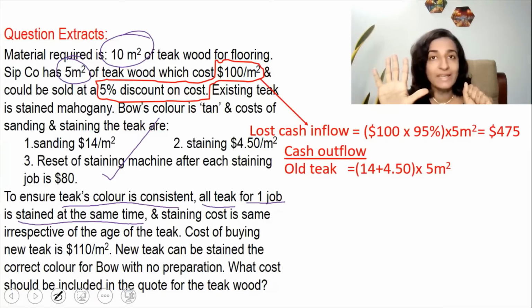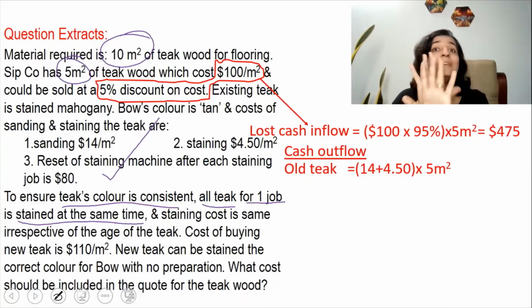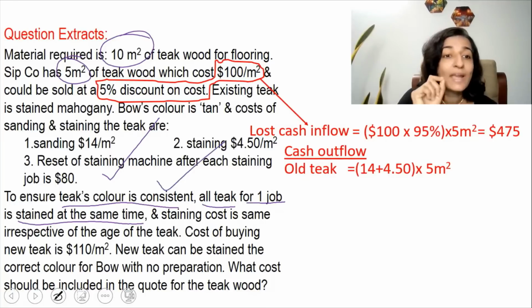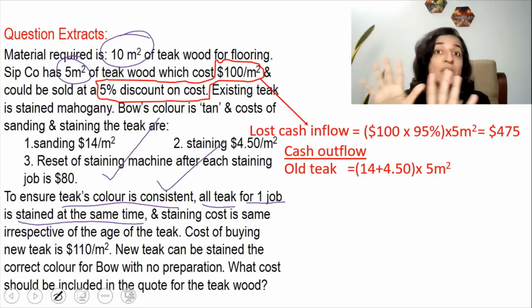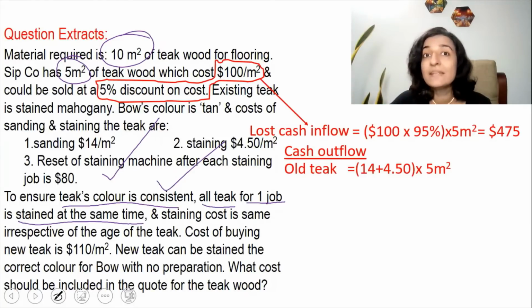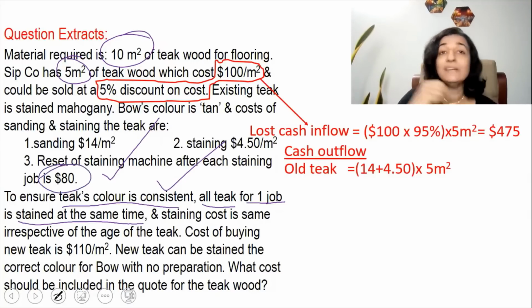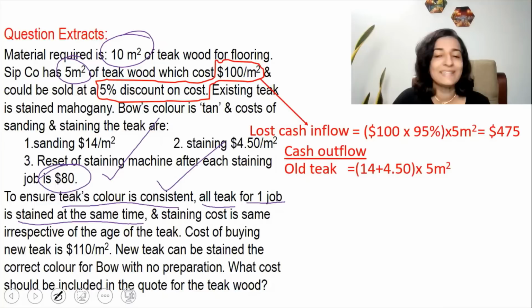So the old teak and the new teak should be stained at the same time. This is what they are telling in this sentence. That is, the total of 10 square meters, the old and the new teak, should be stained at the same time. So how many times should we reset the machine? Just once. So only $80 need be taken for the resetting cost.